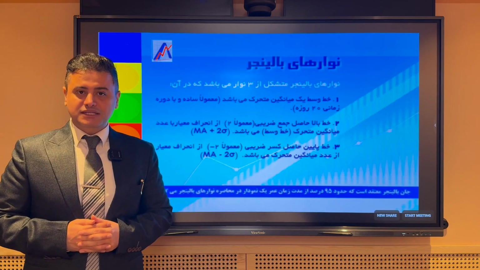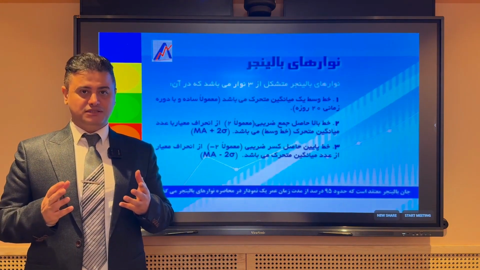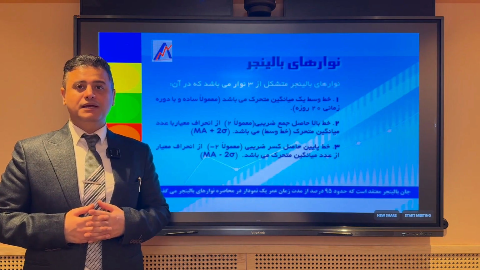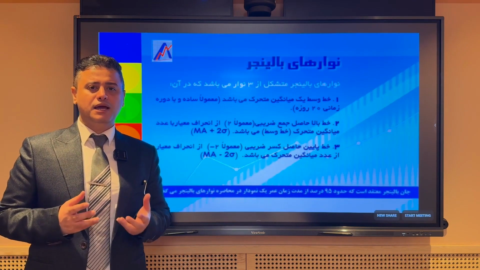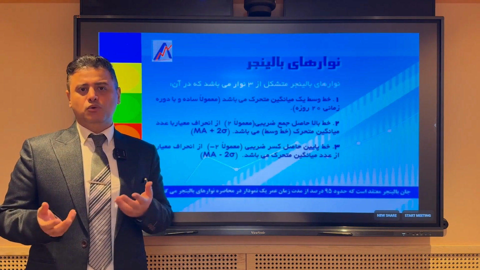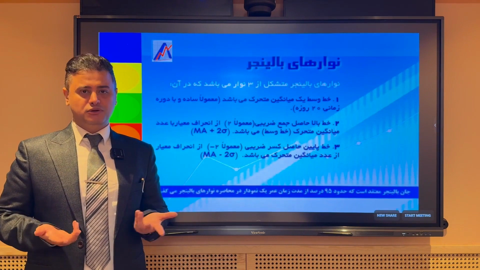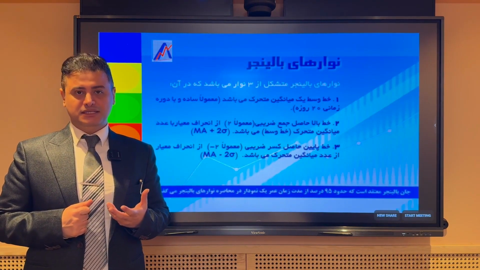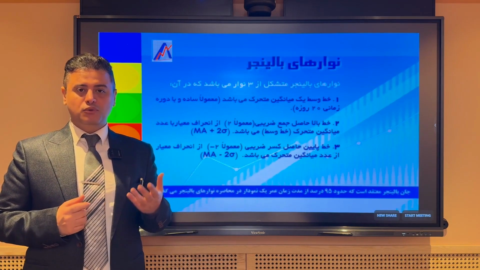When the Bollinger Bands contain the stock's price chart for 95% of its lifespan, this means that 5% of the stock's price chart lifespan, which we call noise that may occasionally occur, is outside the bands. However, 95% of the stock's price chart is within the Bollinger Bands. Dear friends, what does that mean?